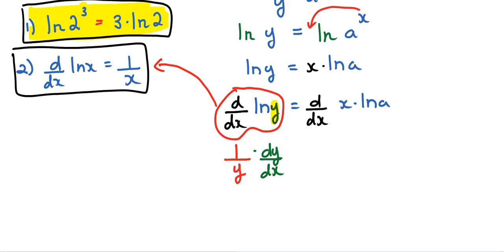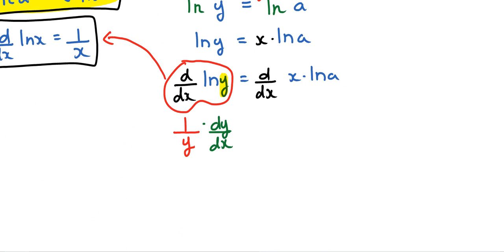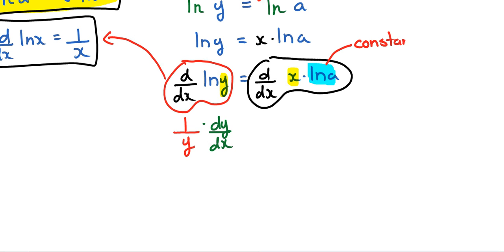Now, when you move to the right-hand side, if you want to take the derivative of this expression, you have this x term being multiplied by ln a, and ln a right here is just a constant. For example, ln 2 is just a constant. So hopefully you can recognize that you need to apply the product rule here, taking the derivative of the first term.